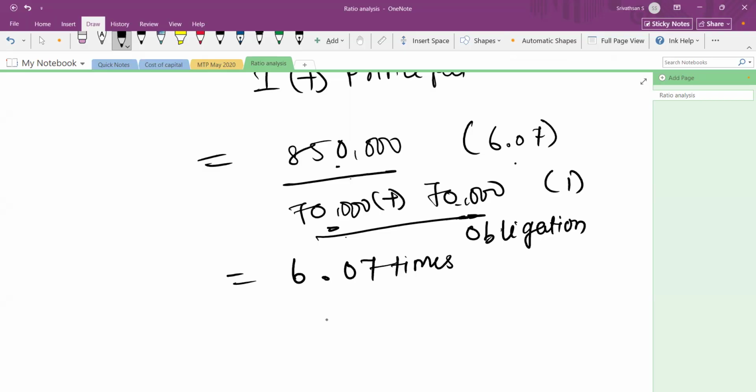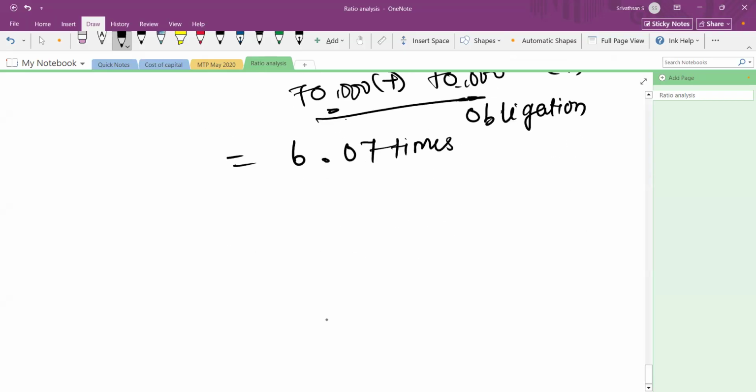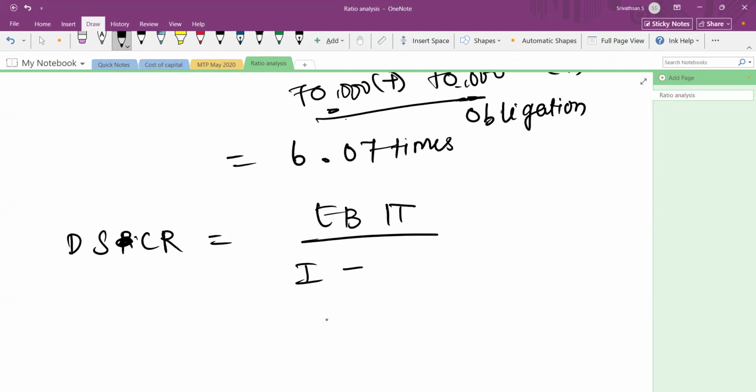Listen, this is one way of doing the debt service coverage ratio. There is an alternative way. Debt service coverage ratio is equal to EBIT divided by interest plus the principal portion divided by 1 minus T. Why? Because EBIT is a before-tax figure, and interest is paid before tax.